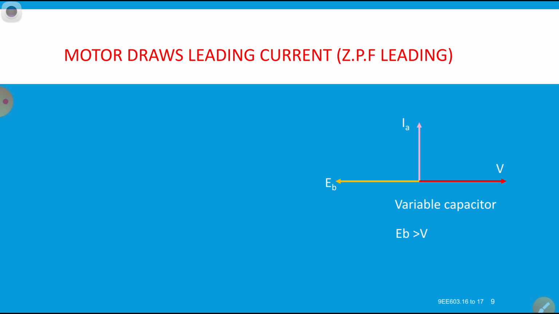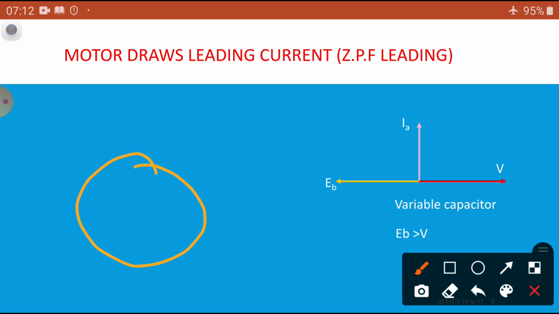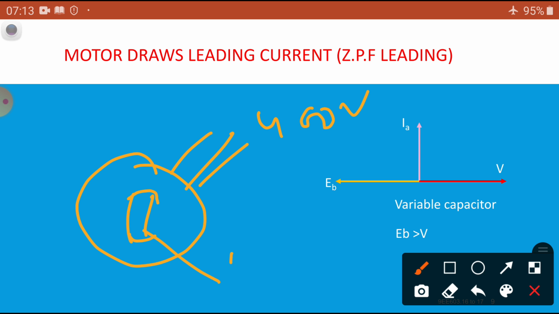In this case, with overexcited field coils, the back EMF induced in the stator is greater than the applied voltage. For example, if our motor is operating at 400 volts, due to the DC supply excitation to the rotor, the stator winding tries to generate a voltage greater than 400 volts, that may be 500 volts.